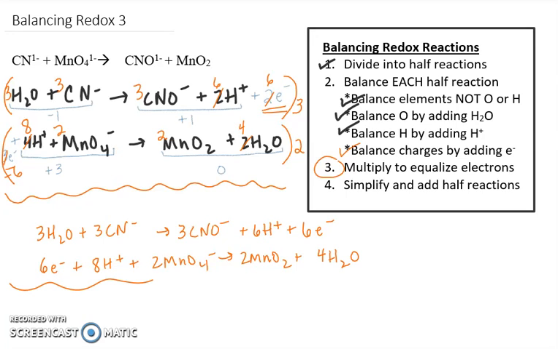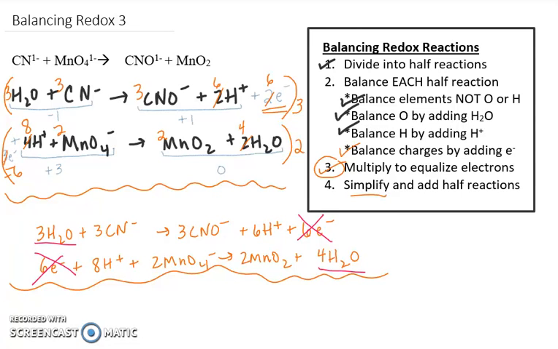All right, now once I've multiplied to equalize the electrons, I'm going to go ahead and simplify and add the half reactions together. Again, my favorite thing to do right away here is to cross out the electrons because they are gone. And now I'm going to look for common chemicals, and usually they're going to be H2Os and H pluses. So I have 3 waters here and 4 here.